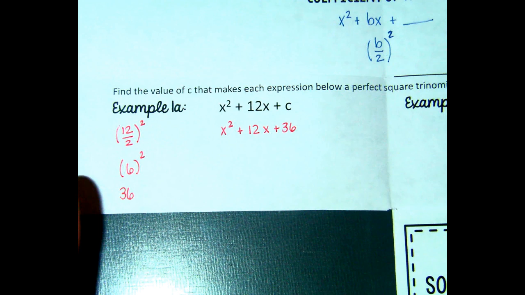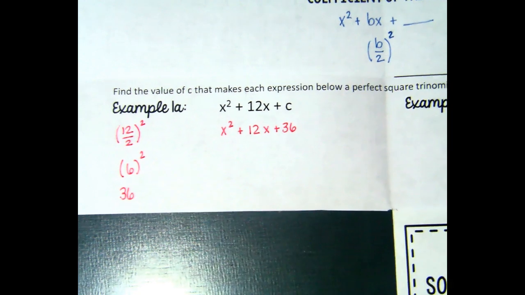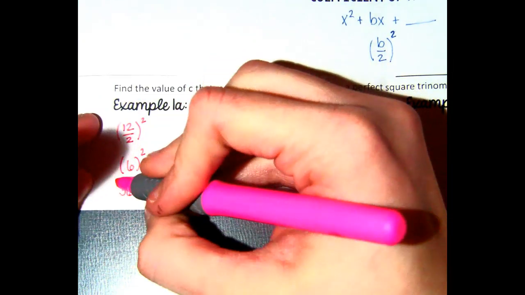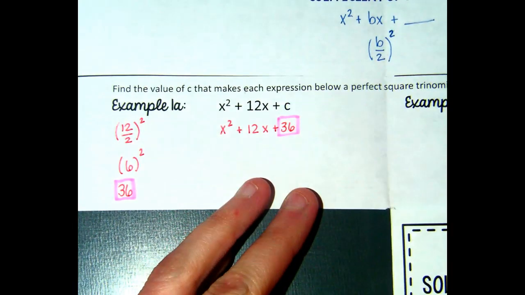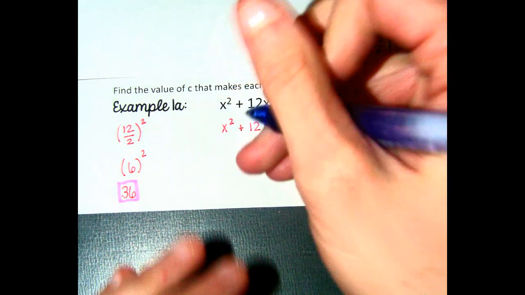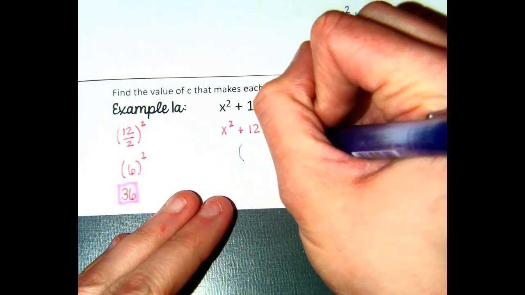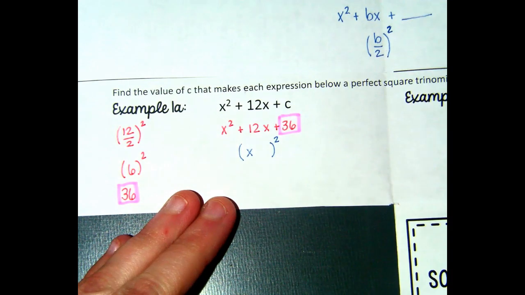In case you are confused where any of those numbers are coming from, I want you to pull out 2 highlighters. I'm going to be using orange and pink just to show you where these numbers are coming from. Here's 36. Now, if I write this as a perfect square, it is x, and then what?